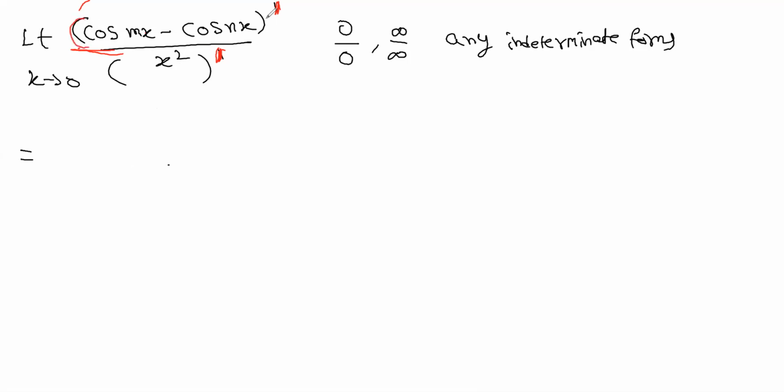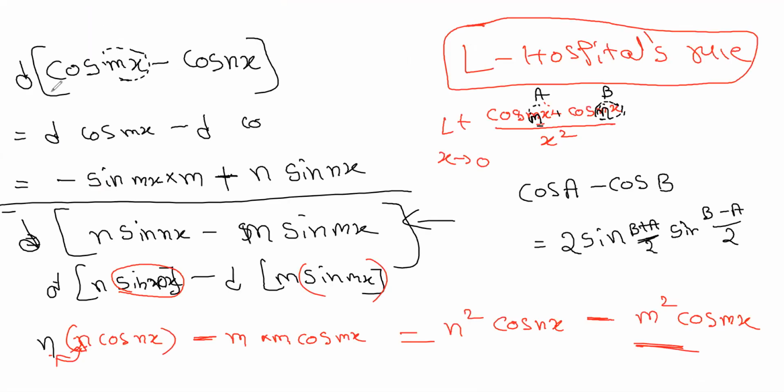What is the differentiation of the numerator? Same thing as it is, limit x tends to 0. That's u minus v, right? Cos mx minus cos nx. How much did we get? Minus sin nx times n, minus m sin mx.